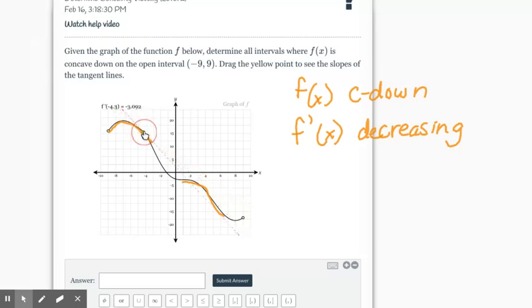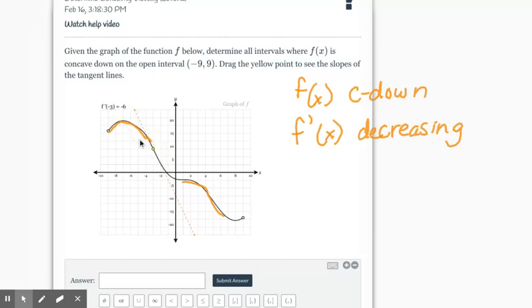These are smaller numbers. Negative 3, negative 4, negative 4.3, negative 5, negative 6. Oh, you see how it was negative 5 and then went to negative 6? Right there, it started getting bigger again.